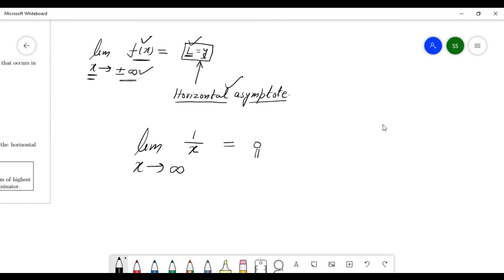This 0 means y. So y equal to 0 is the horizontal asymptote. Right?